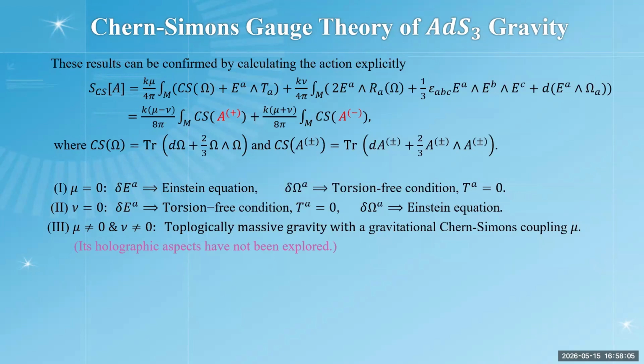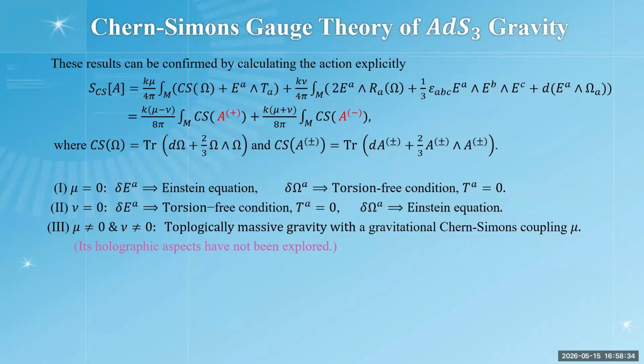And then according to Deser, Jackiw, and Templeton, if we include this one, then there is a propagating degree of freedom. A spin-2 degree of freedom, which is propagating. It's very similar to Maxwell Chern-Simons. If we consider Maxwell Chern-Simons, there is a massive photon, and then a similar situation happens. But I think in that sense, this is interesting.